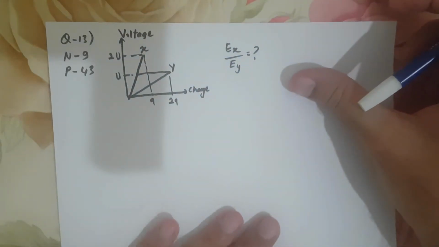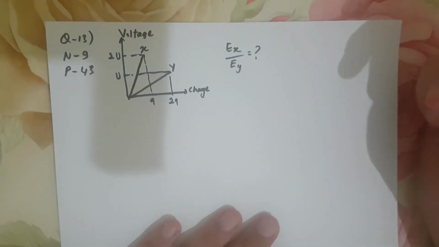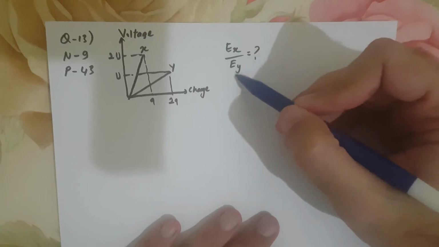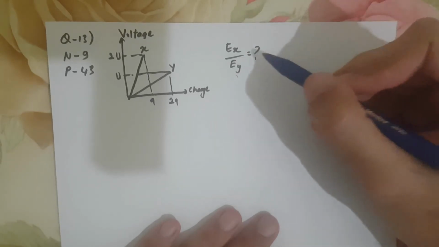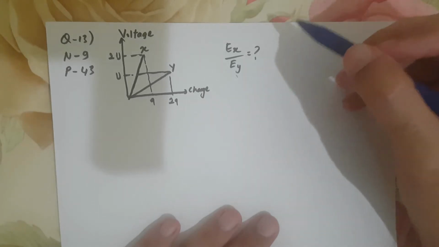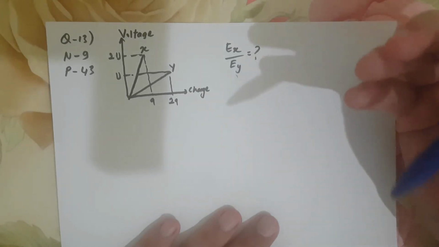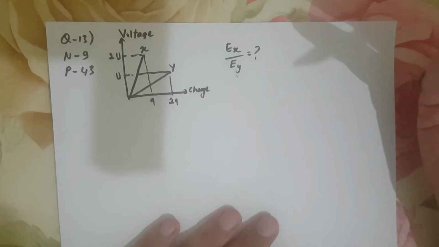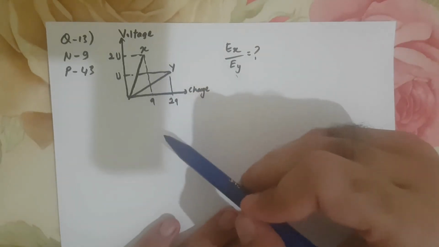Okay, in this question, again the EX over EY. Please be careful in this question, not asking for the same potential or any first statement, any first condition. There is no. Just look at the graph and then take it.